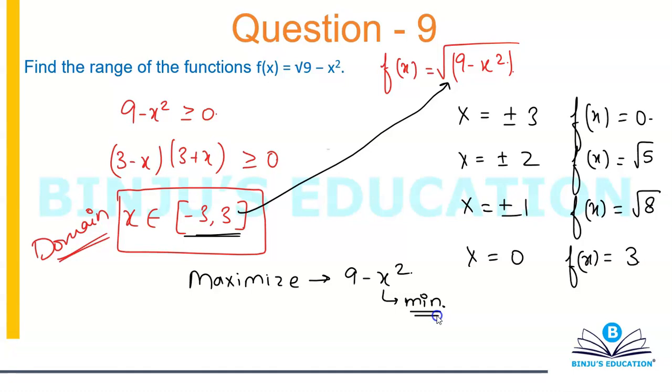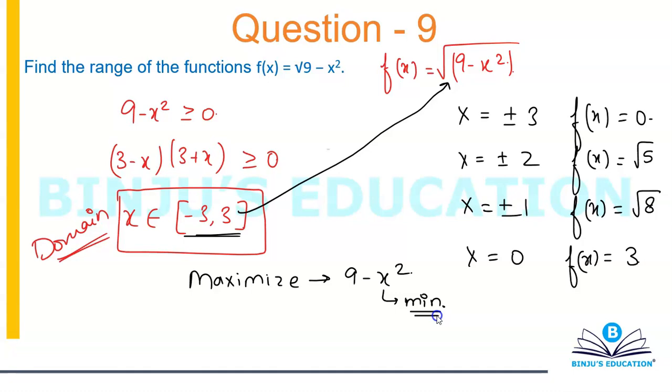It will be minimum at x is equal to 0, because apart from that, you take a positive value, you take a negative value, squaring that will automatically give you a positive value. So you'll always be subtracting something apart from x is equal to 0. So at x is equal to 0, you'll have a maximum value of root 9, which is 3.